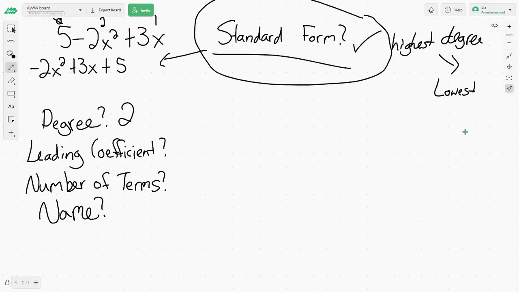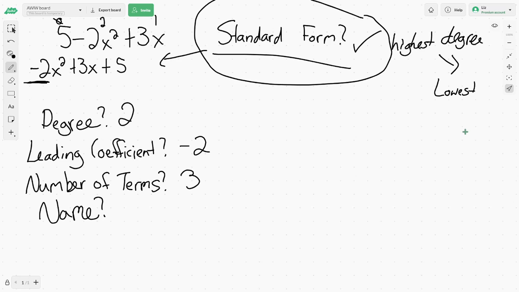The leading coefficient is the number at the very beginning once it's in standard form. So that's negative 2. Number of terms, let's count them out. 1, 2, 3. 3 terms. So now what do we name this?